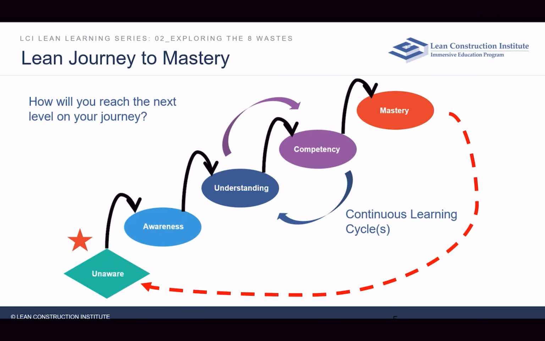Excellent. Okay. So here's that idea of journey to mastery. No one in the lean world would tell you that they are a master of really probably anything when it comes to lean, because we know there is this idea of continuous learning. I mentioned it before, it's like you're pushing this ball uphill and you're doing it all the time. I like this graphic and the representation of the fact that we're always moving up a hill.